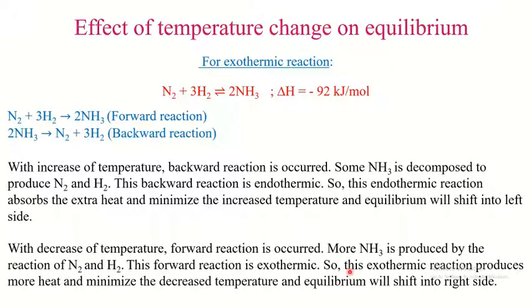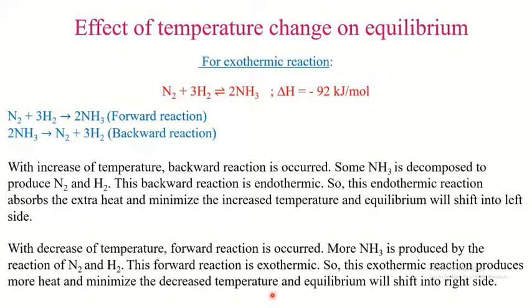More ammonia is produced by the reaction of nitrogen and hydrogen. This forward reaction is exothermic, so it produces more heat and minimizes the decreased temperature, and equilibrium will shift to the right side. So this is the effect of temperature change on equilibrium for an exothermic reaction.